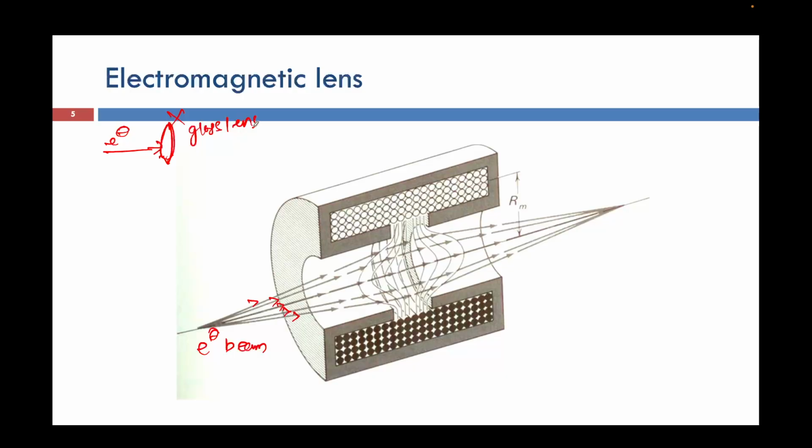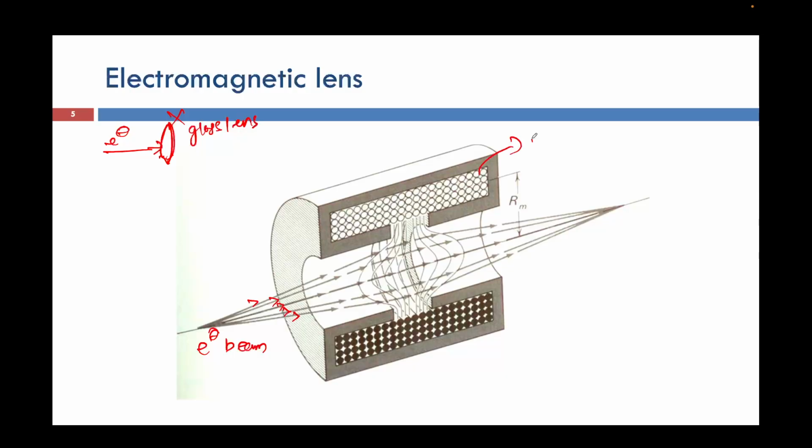That is the reason we go to the electromagnetic lens, which will deflect our electron beam based on its energy and wavelength.